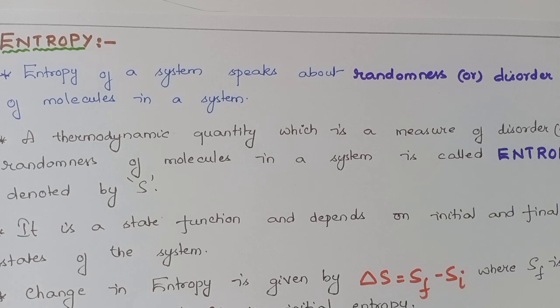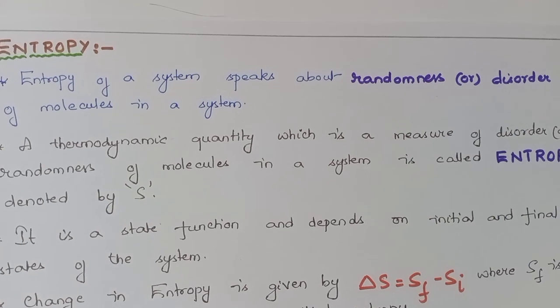Coming to the characteristic features, entropy is a state function. What is meant by state function? Go back to the first classes of thermodynamics, where you can find what a state function is. A state function is nothing but a quantity which depends on the initial and final states of the system.